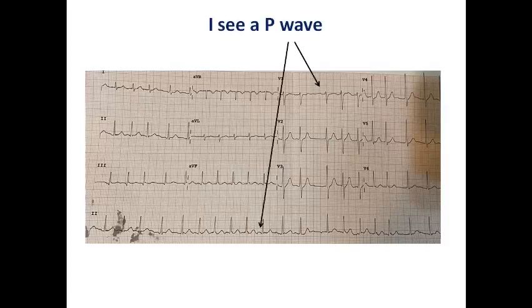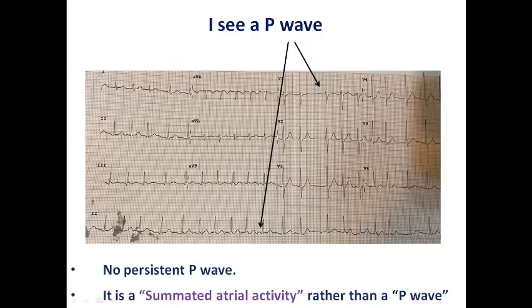For example, someone may say, I see a P wave here. It can appear in lead V1, and also it can appear in the strip in lead 2 as the arrows determine, but this is not a persistent P wave because it doesn't precede each complex. It is just called summated atrial activity. Here this irregular atrial activity was summated to form a positive deflection before the complex, but it is not persistent. So please don't just look at this wave and exclude the diagnosis of atrial fibrillation because of this.